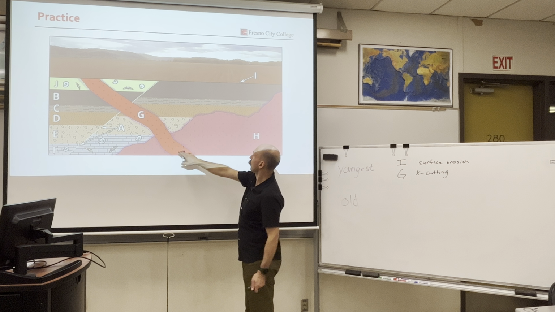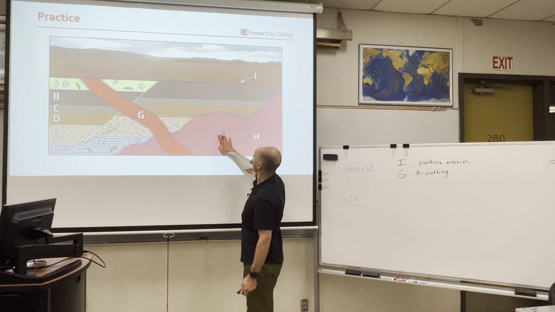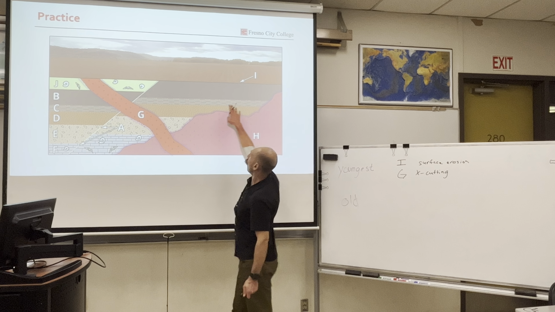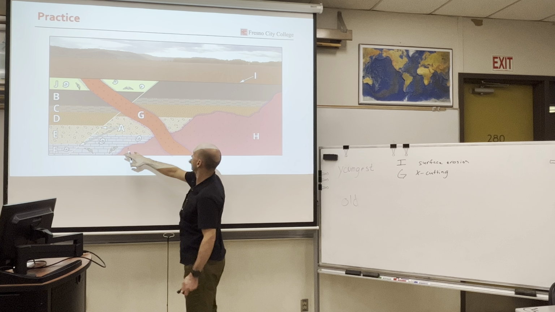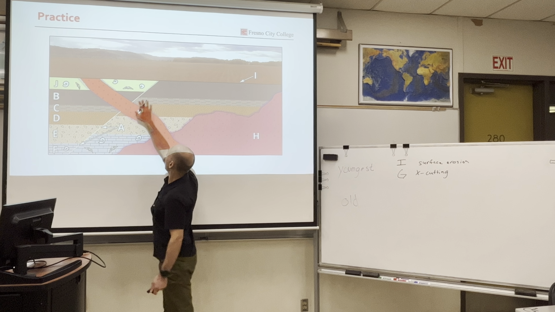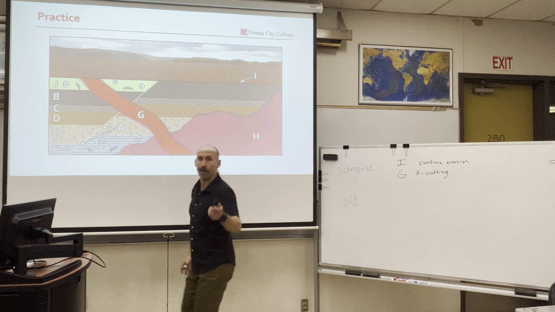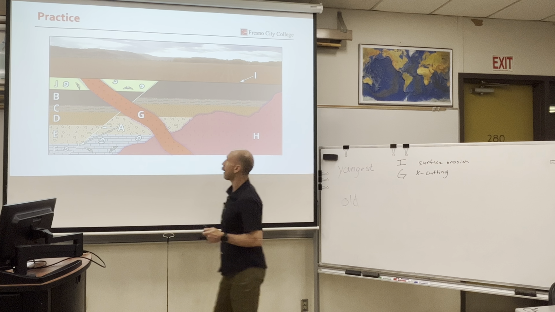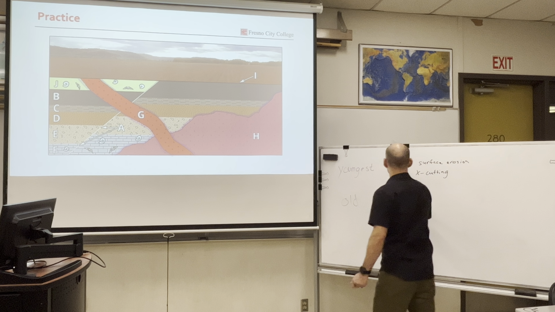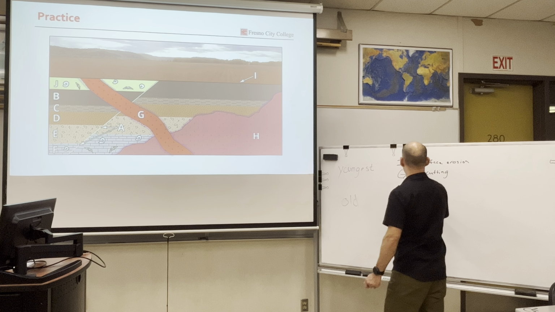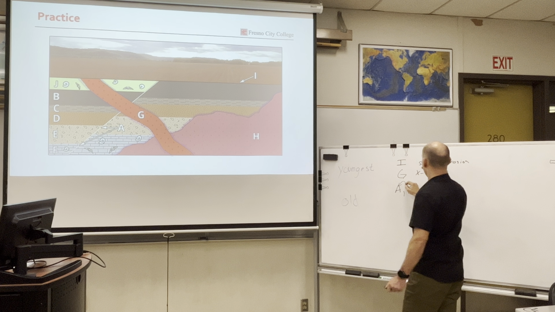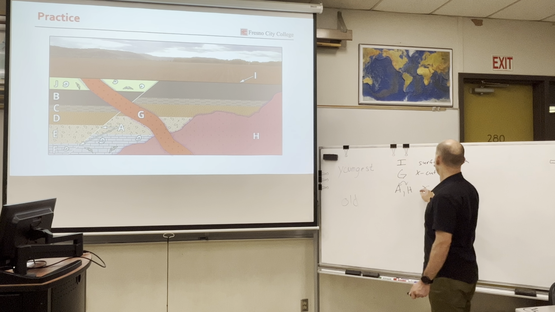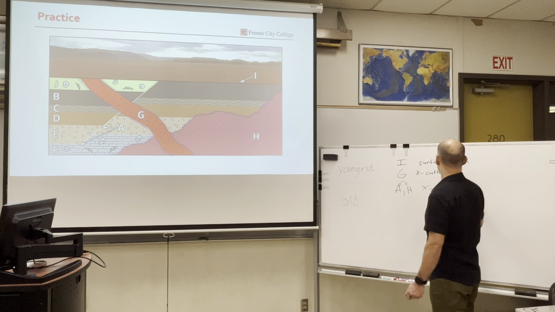G cuts across H. H cuts across all of these layers. A cuts across all of these layers also. So we're actually at an impasse. What was next, H or A? It could be either of these, A or H. These are both interchangeable, and they're cross-cutting.